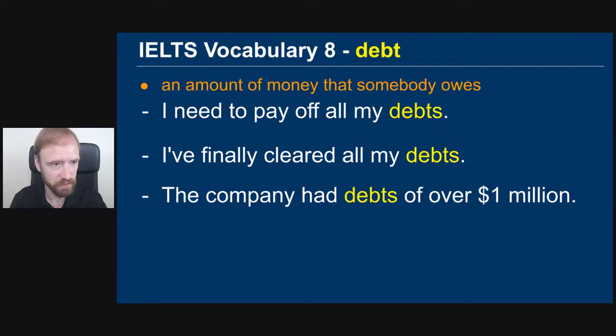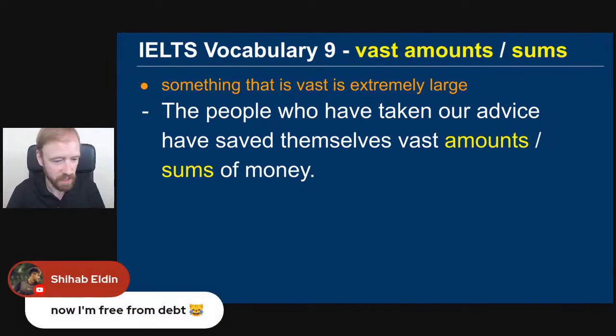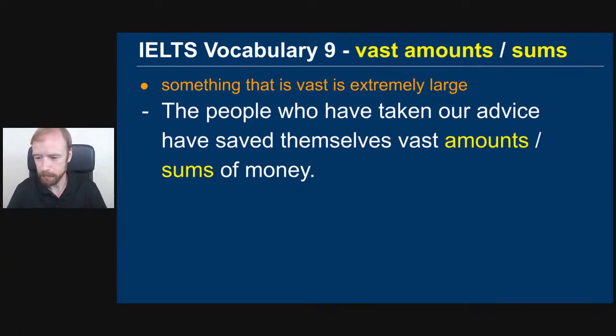All right, let's move on to number 9. There we go. Vast amounts. Vast sums. Oh, Sheeraz comes in: now I'm free from debt. Good expression, free from debt. All right, vast amounts or vast sums. Something that is vast is extremely large.